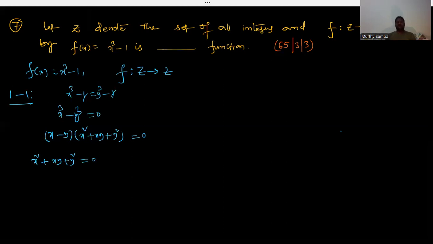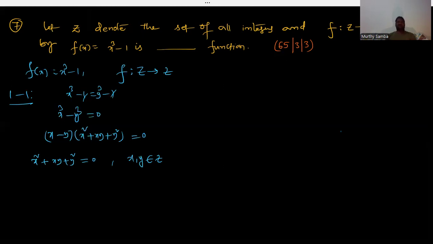And x square plus xy plus y square equal to 0 is not actually possible for any two integer values of x and y. Because x square is always greater than or equal to 0, and y square is also greater than or equal to 0.